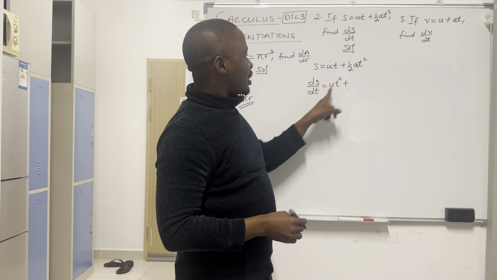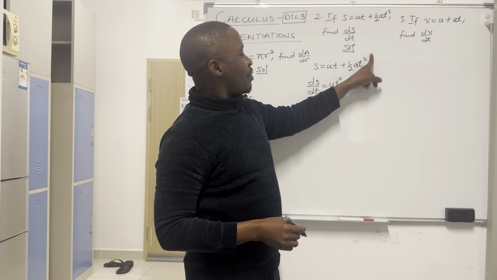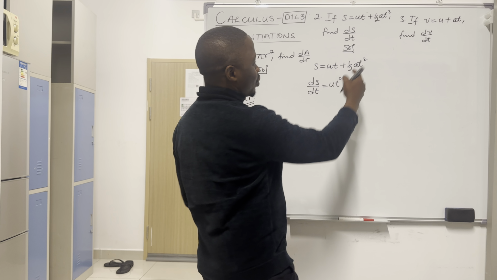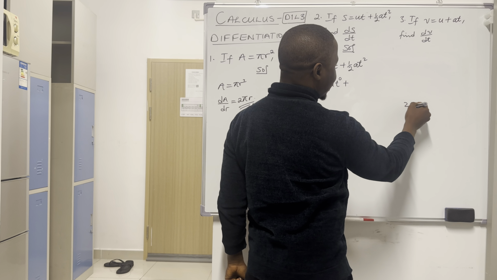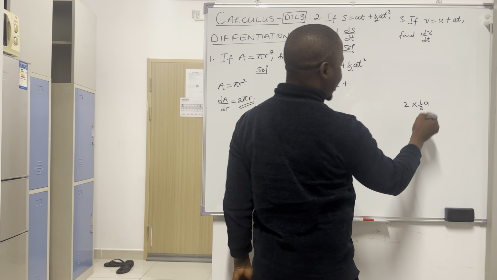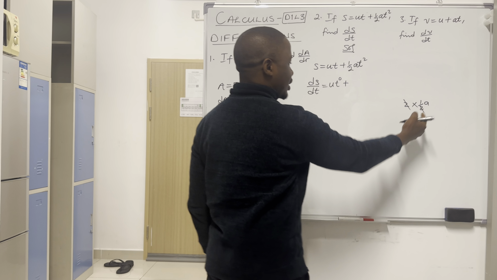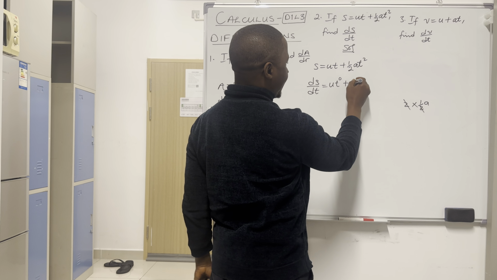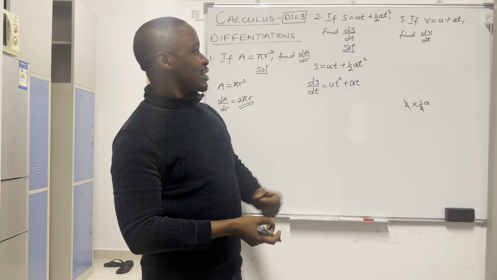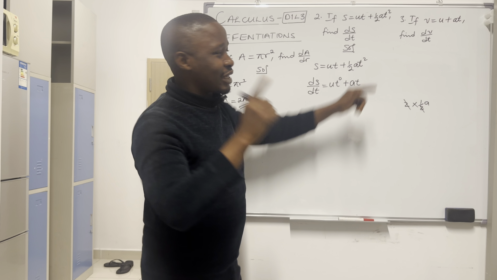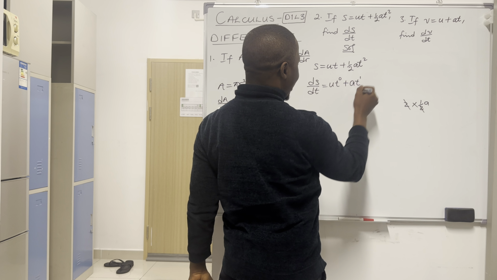What is the power of t? It is 2. What is the coefficient? It is half a. So 2 times half a gives just a. Then we write our variable. Let us not forget the power minus 1, so 2 minus 1 is 1.